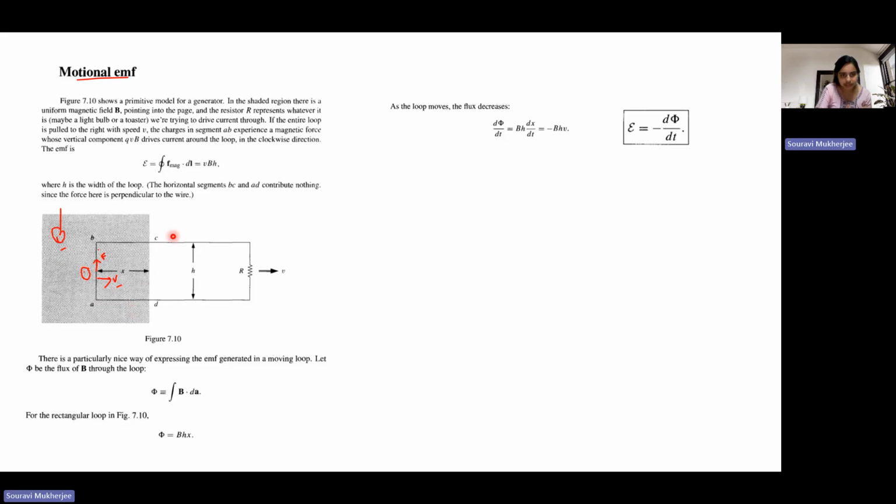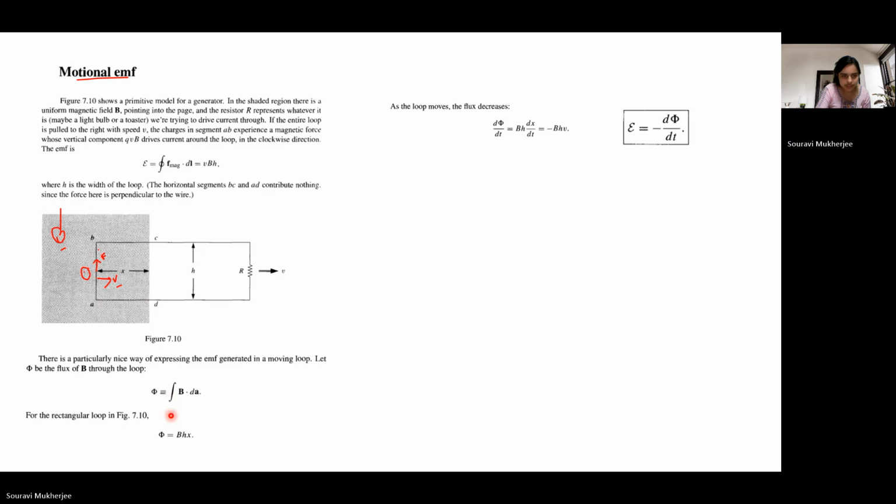As you are moving this loop in this direction with some velocity v, you're also changing the flux that is linked to this loop. Why? Because this is the region where your magnetic field is. There is no magnetic field here. So as you take the loop outside in this direction v, the flux changes. And how does the flux change? If the magnetic field is B, we can find the flux as B dot dA.